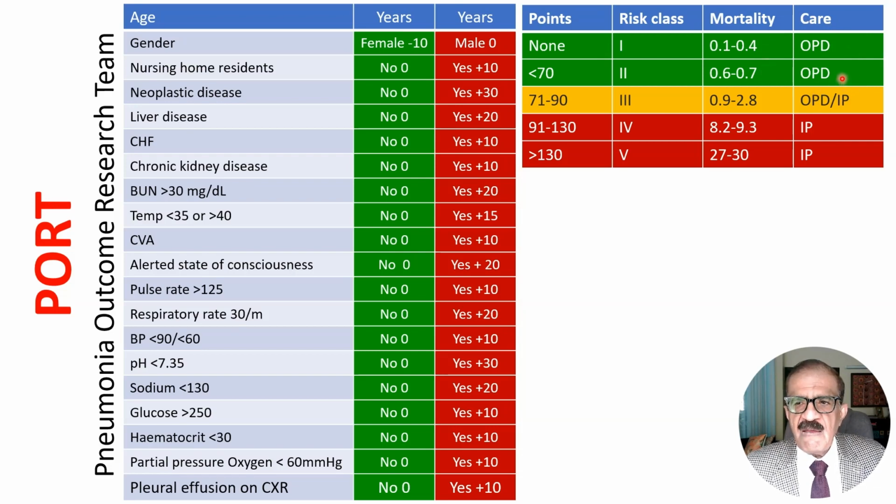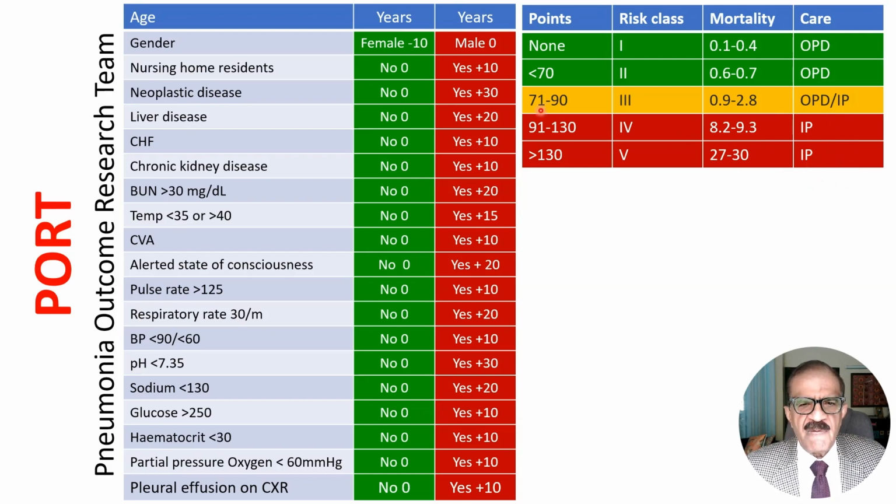Now this will save hospital resources and this will also save patient resources, and it would also be convenient for the patient and the family. And those who score more than 90 up to 130 or more, they need to be treated in the hospital as inpatients and ideally in a high dependency area, or some of them might actually need ICU care.